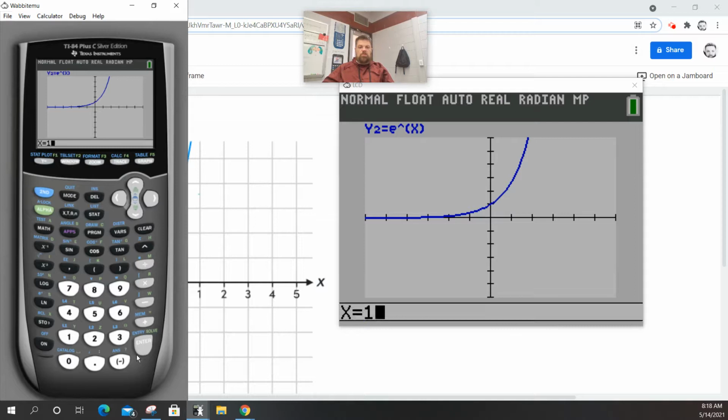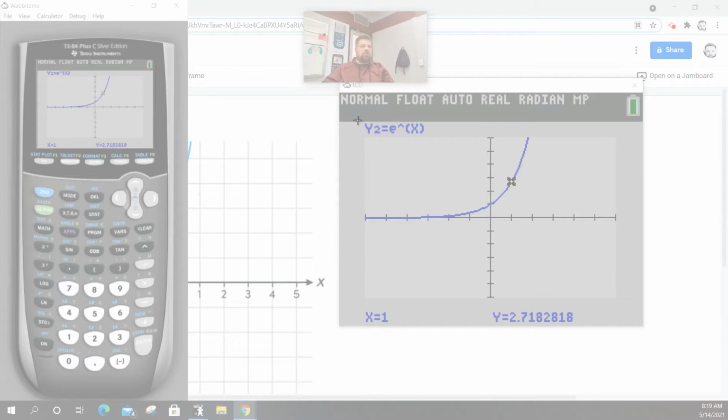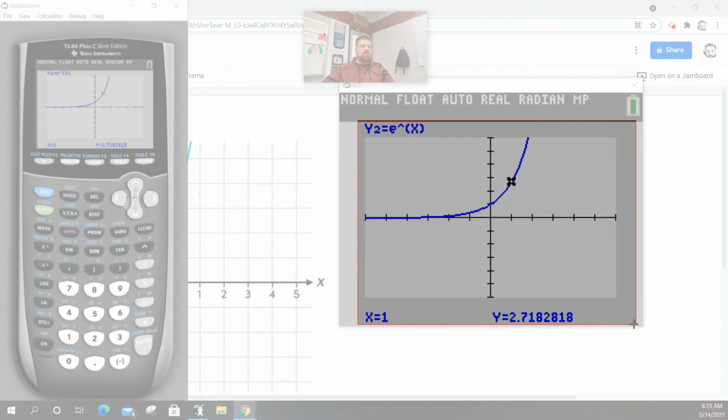And when x equals 1, my y value is e. That makes sense. Okay, so now let's compare this. Let me take a screenshot, and we're going to compare the two.